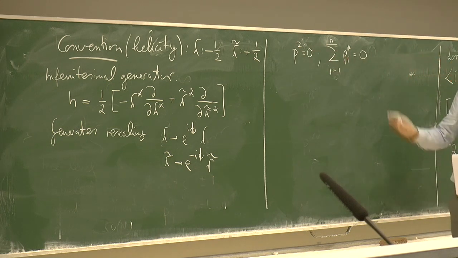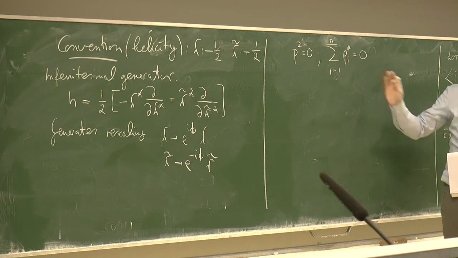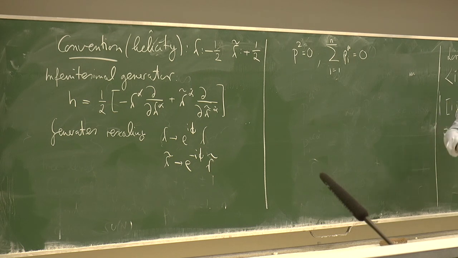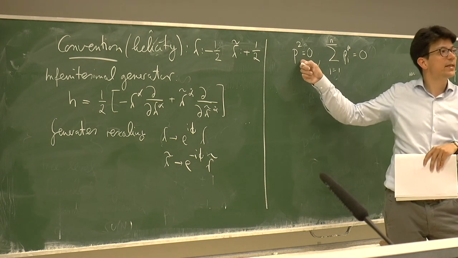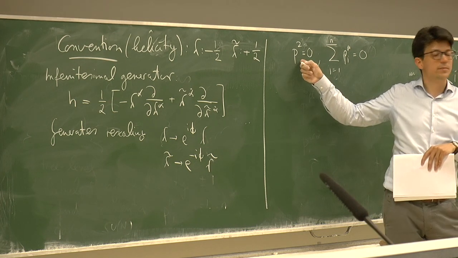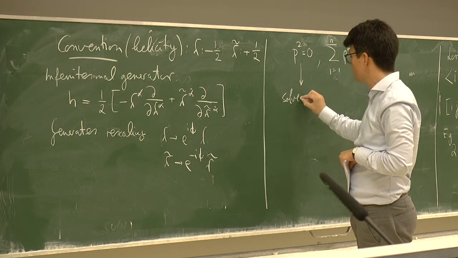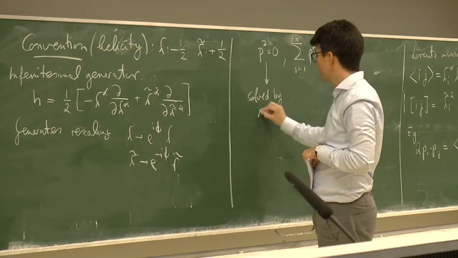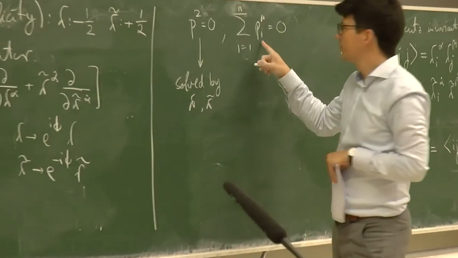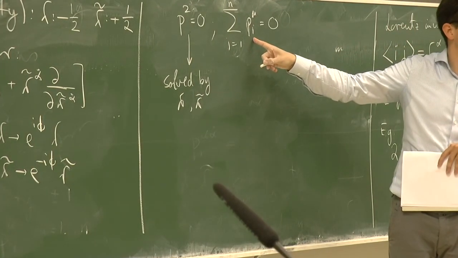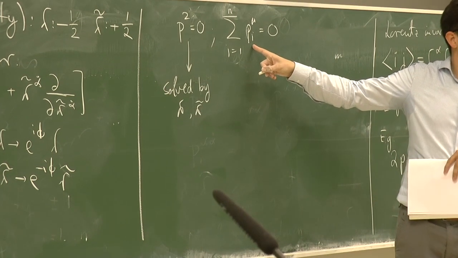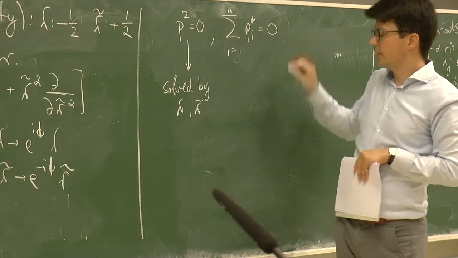This is for all outgoing. Now things have improved a little bit because we've solved explicitly this constraint here, right? So we don't have to worry about it anymore. So this is solved by using lambda twiddle, but we still have that constraint over here. So this we need to keep in mind.